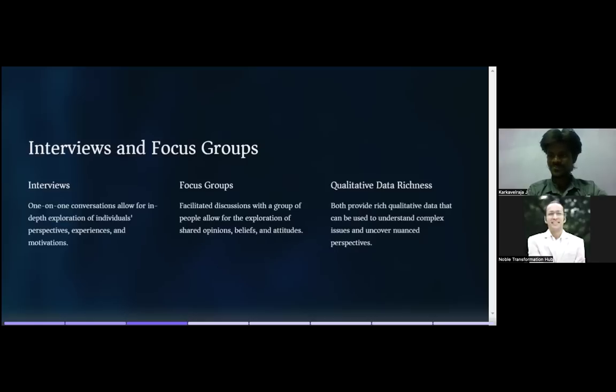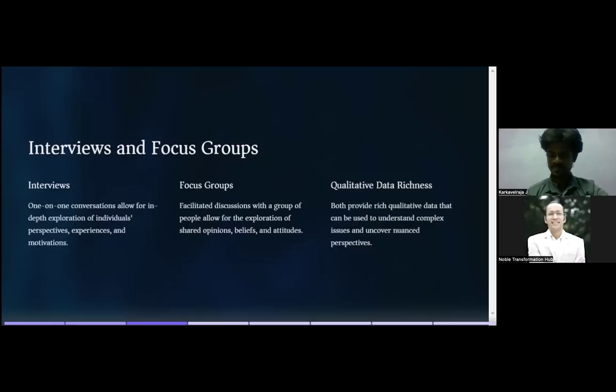Sometimes some people might give you a biased opinion, so you have to cross-verify and find the median: whether somebody told you something, and whether other people are thinking that way or not. You need to understand all those things, and you need to have these objectives while you do this.